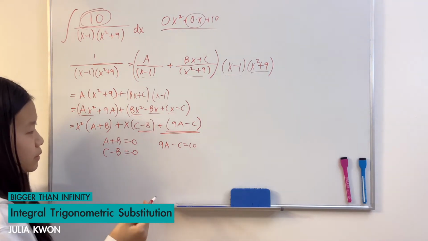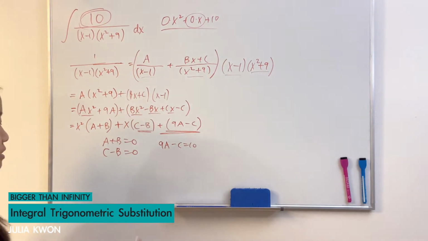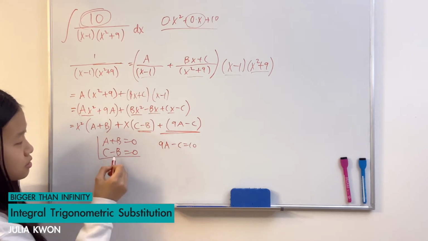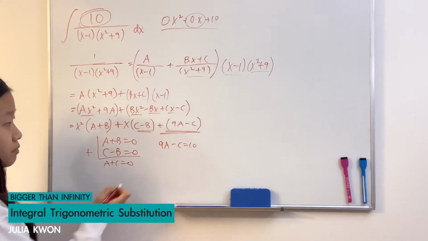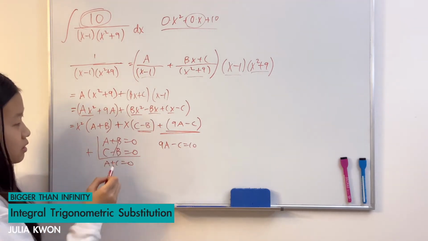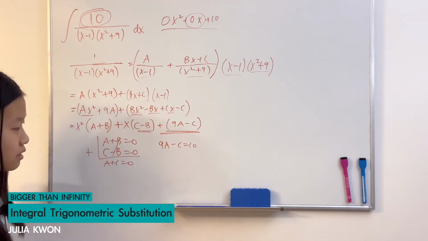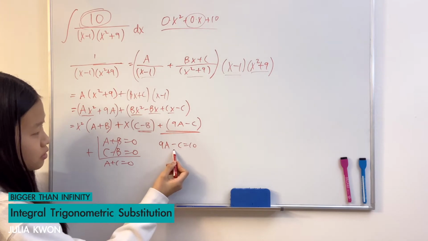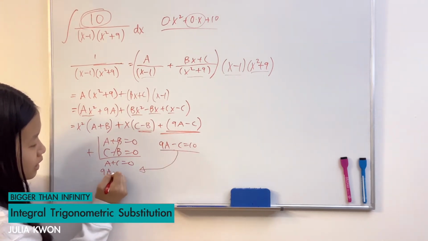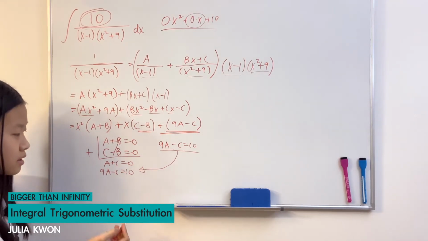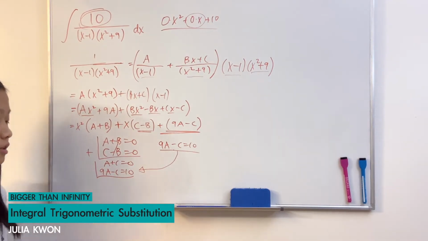Using what we got, we can solve for A, B, and C. I'm going to add these two together to get A + C is equal to 0, because the B and the negative B cancel out. And I'm going to bring this down to here: 9A - C is equal to 10. And I'm going to add these two equations together again.